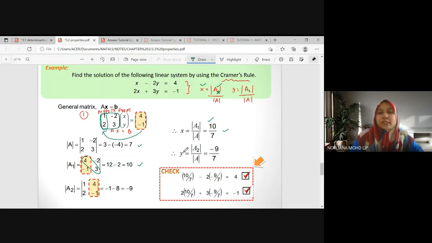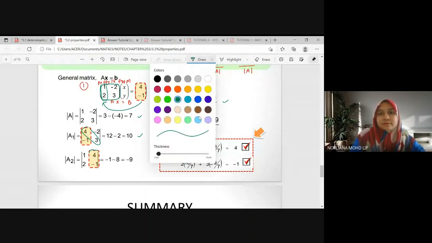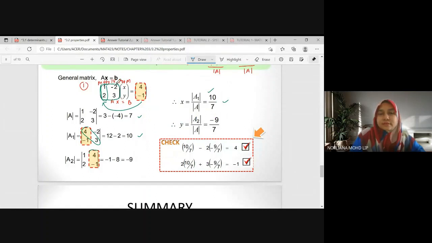Okay, if you want to find the value for Y, we change this second column, the blue color one, with the constant matrix 4, negative 1. So this first column remains the same, 1, 2. So we find this determinant: negative 1 times 8 is equal to negative 9.